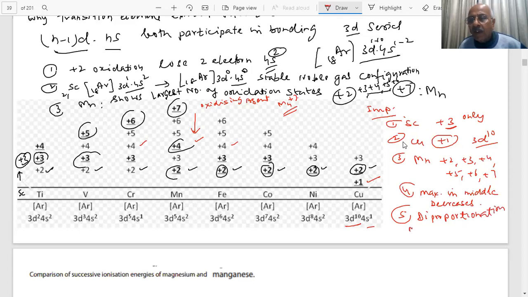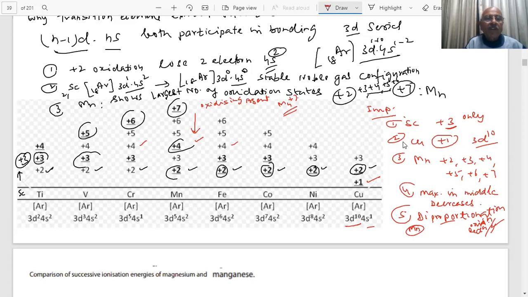That means the element can undergo self oxidation and reduction simultaneously in the same reaction.